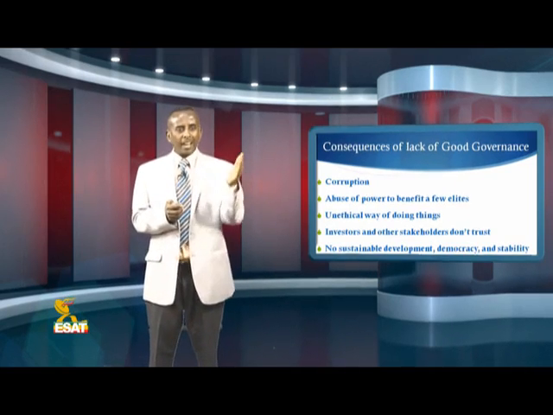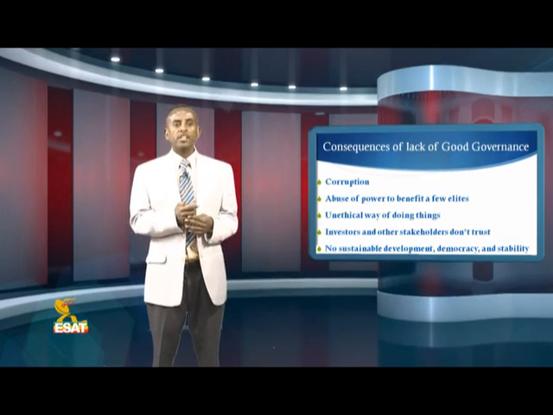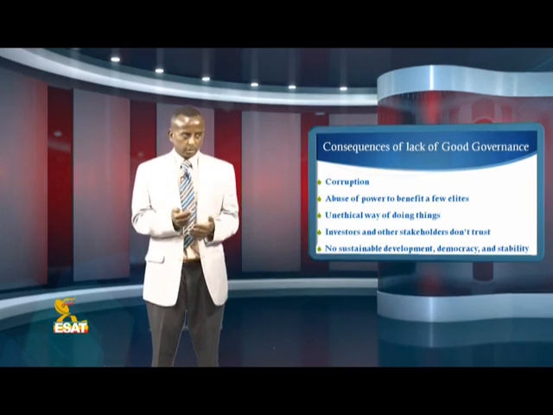Few people who are aligned and affiliated with people who are in power are benefiting from the development of that country and organization. Unethical ways of doing things are common. When you have a government or an organization which doesn't practice good governance, things are done unethically.